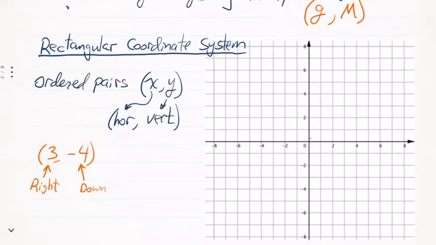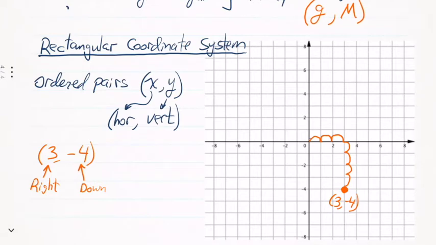So when you're talking about up and down, up is positive. When we're talking right and left, right is positive. All right, so then from the origin, we're going to count 3 to the right and 4 down. So we're going to go 1, 2, 3, but that doesn't generate a point because we also have to go 1, 2, 3, 4 down, and this is the coordinate way down here of 3, negative 4.